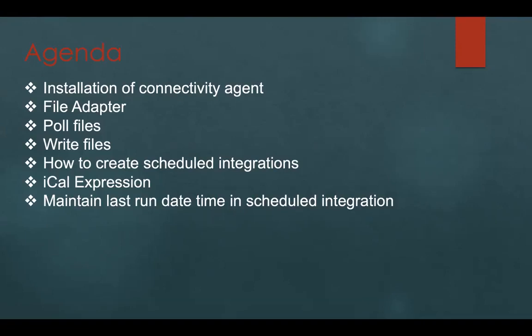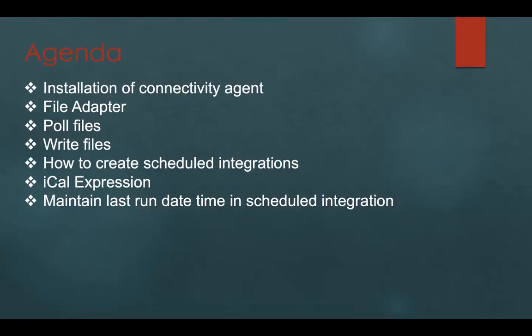And I explained about the connectivity agent, what it is, why it is required, what the architecture is, how it works in real time, what HA is in a connectivity agent, and what an agent group is. Then we downloaded the connectivity agent, wherein I explained each and every file and folder and the prerequisites to install it, and then we created the agent group.